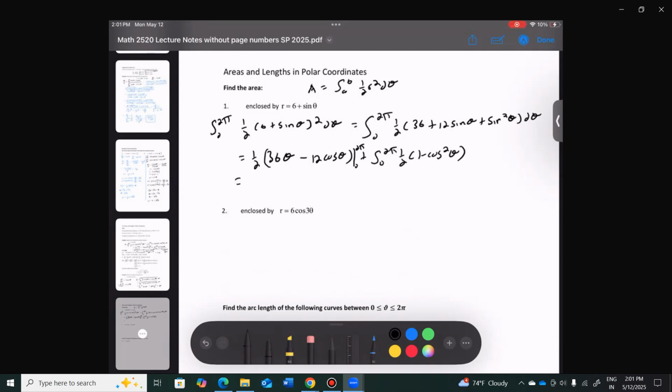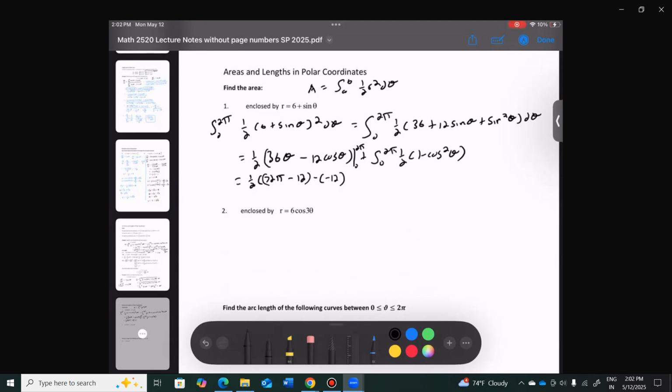Alright. So 1/2 times 72 pi, minus 12 times (2 pi is 1, so minus 12), minus 0, and then 0 will be just 1, so it'll be negative 12.